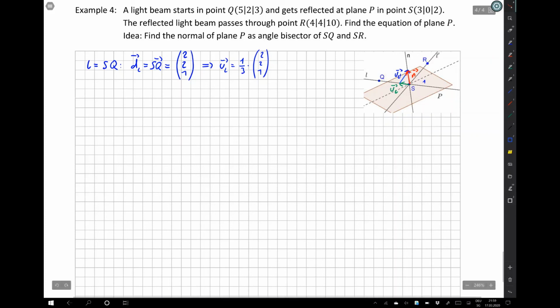We do the same for the reflected light beam. So vector SR is the direction vector of the reflected light beam, (1, 4, 8), and since its length is 9, we get for the unit direction vector 1/9 times (1, 4, 8). To simplify the calculations afterwards, we expand this unit vector to 1/9.